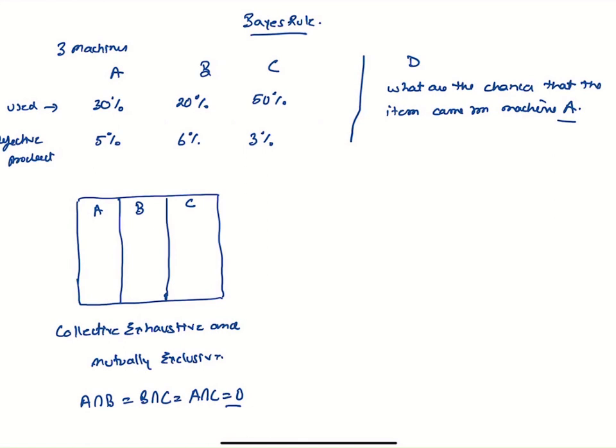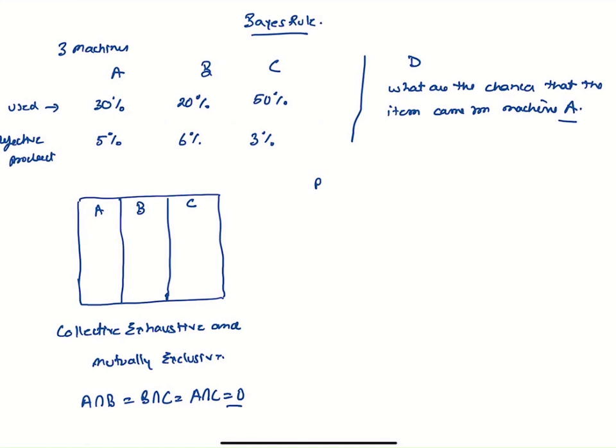Now what is the probability that on a random day machine A is being used? That would be 0.3. And we want to know the probability of, let's just say, B given a defect. Given that we have a defective item, what is the probability that it is B?